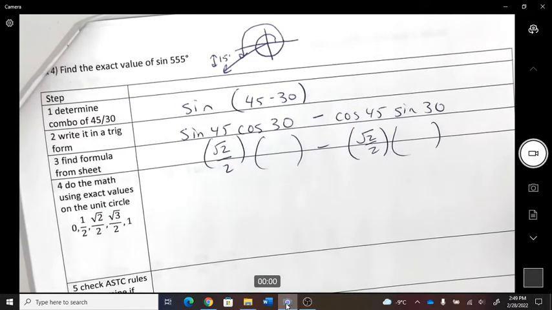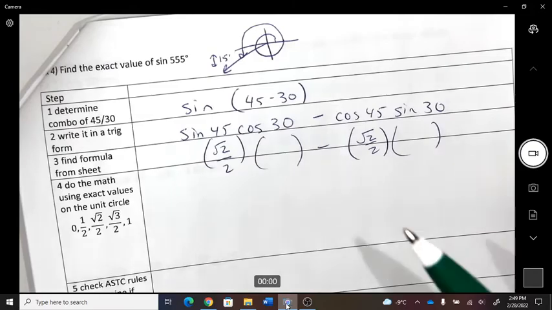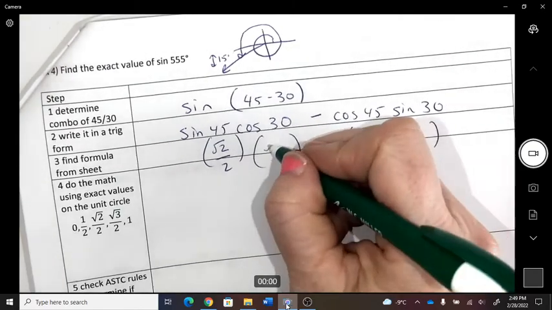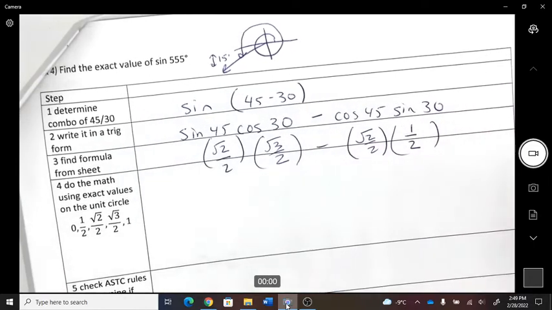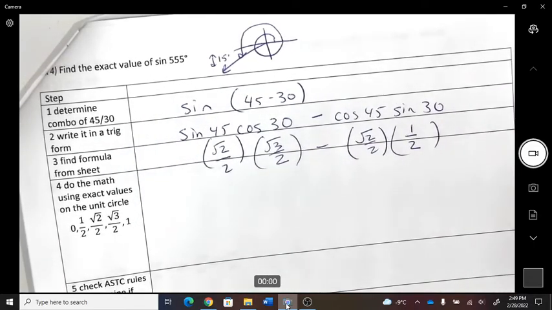Okay, I got my root 2's over 2's because I didn't need to think about where they were going. So the cos of 30, I need to think about that number. And the sine of 30, I'm going to be thinking about that from my formula or unit circle sheet.